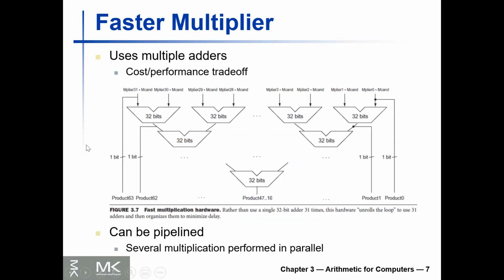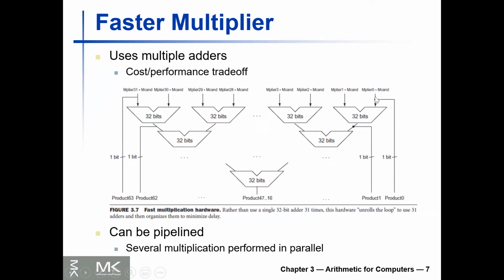One more thing which is possible, girls, this is the even faster multiplier. In order to have this much faster multiplier, it uses multiple adders. Rather than just using a single adder, we are using multiple adders. How many adders, you can check.